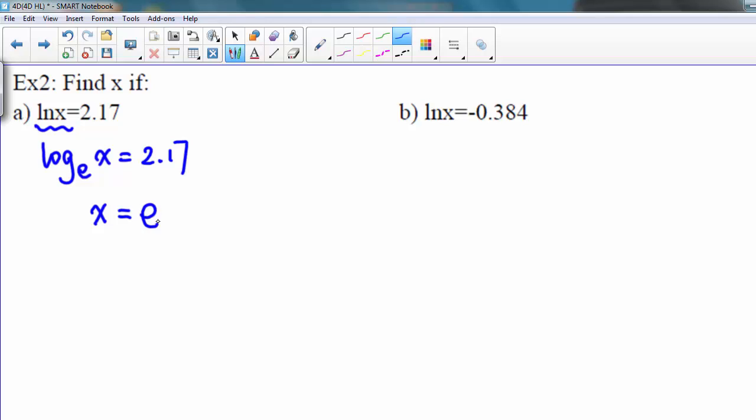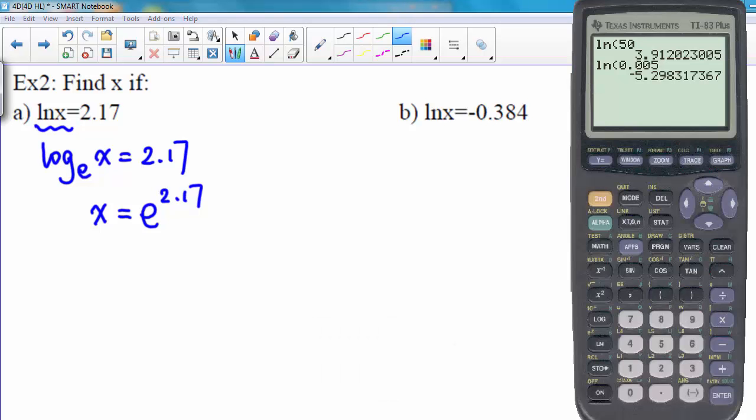So with base e, this log value is the exponent, so e to the power of 2.17. On the graphing calculator, we can find second ln, which gives e to the power of 2.17. So this value is 8.75.